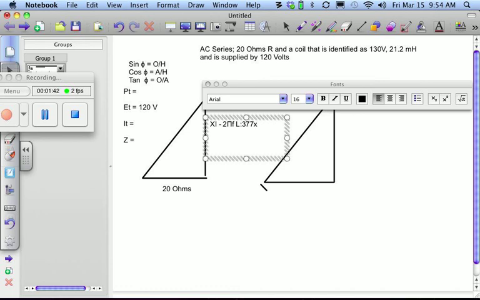How's that? 377 times 21.2, except it's not 21.2, it's actually 0.0212. Yes, sir. 377 frequency? You didn't put the multiplication sign. Hang on.